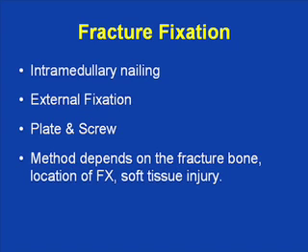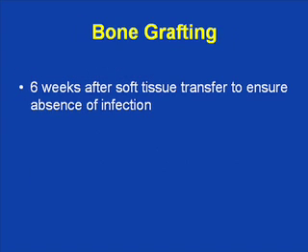External fixators are used a lot of times when things are very dirty, to keep stabilization until you can come inside, but then you have to deal with pin infections, and pin care is very important. Actually, the method depends on where the bone is, how you can stabilize it, how much soft tissue injury there was, and sometimes even the expertise or the place where it's being done, until the patient can be sent somewhere else.